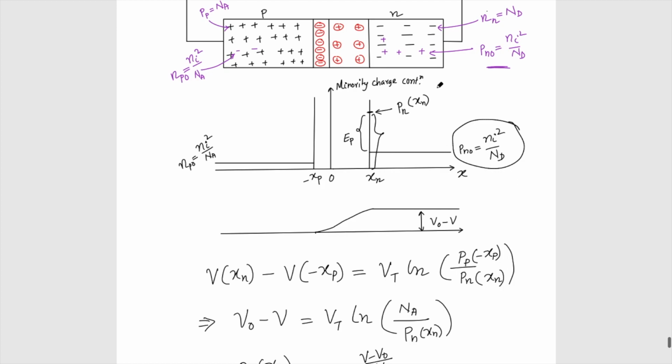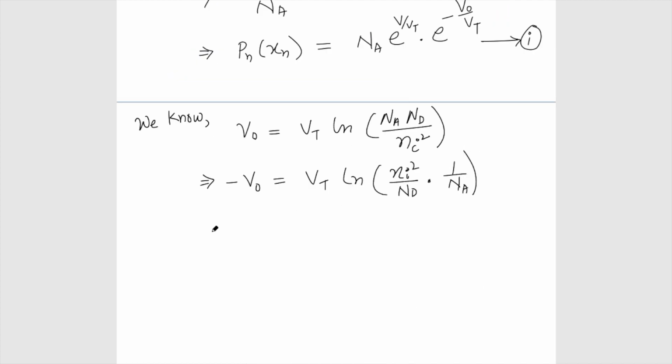If I rearrange it, the Vt will come down and ln will become exponential, and this term will become Pn0. So finally, Pn0 will be equal to Na e power minus V0 by Vt. So this is equation number 2.